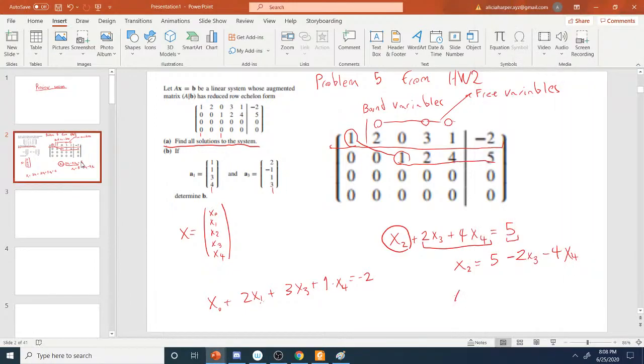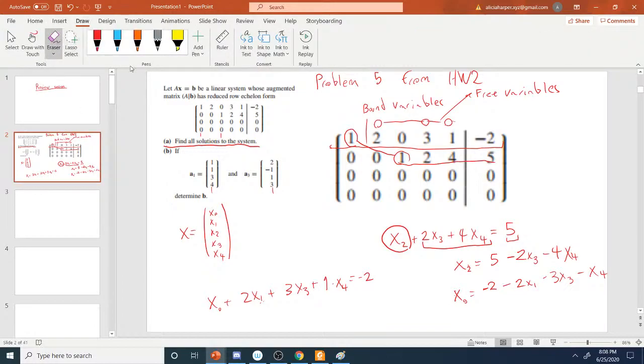And if we do that, we get x0 equals -2 minus 2x1 minus 3x3 minus x4. So we can express x0 and x2 in terms of the remaining variables. So this gives a complete parameterization of the system.